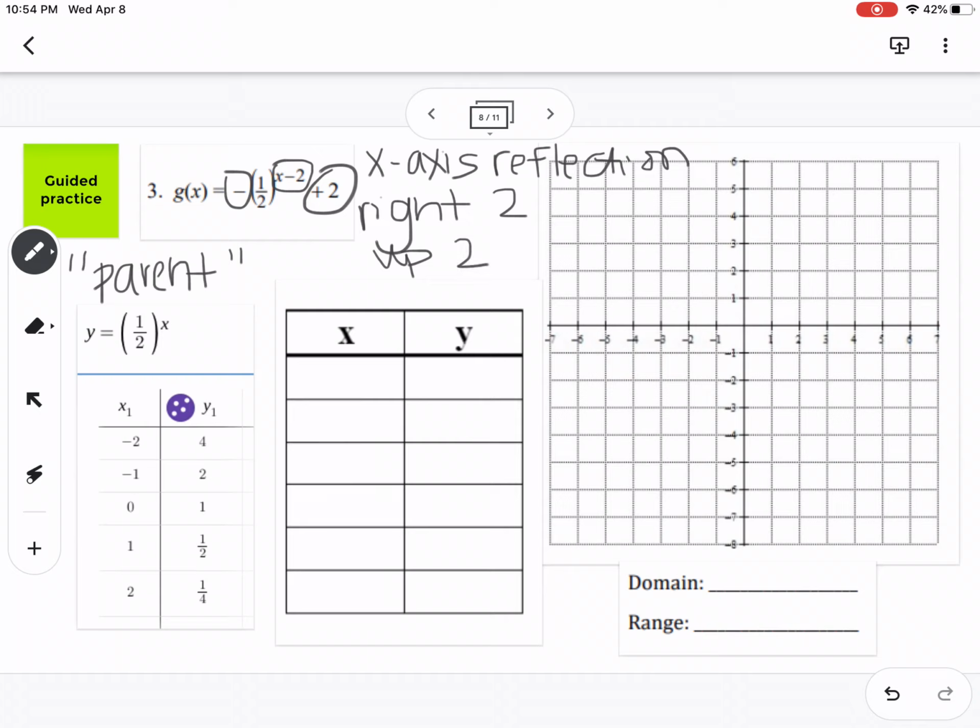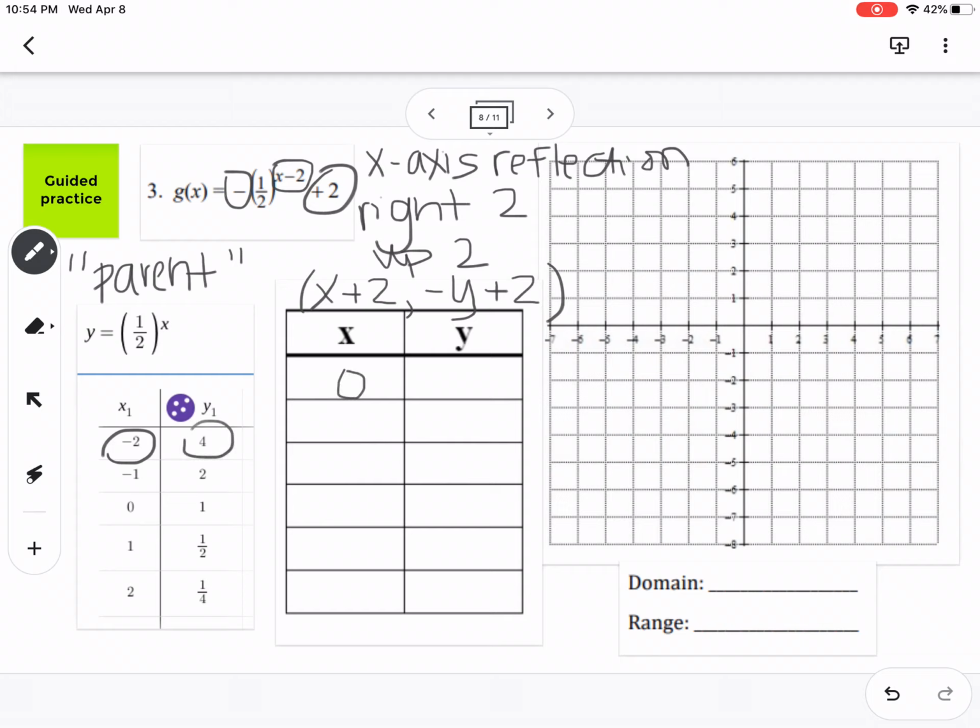Okay, so our rule to get our new points, with our x, we're only adding 2 because we shifted to the right, so x + 2. And then our y becomes negative because of the x-axis reflection, and then it's shifted up. Okay, we're going to do some plugging and chugging. If you plug in your first x, -2, that gives you 0.